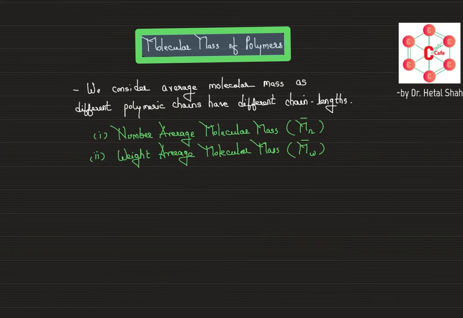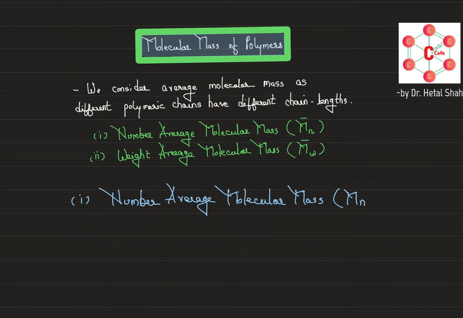Let us start with the first one. Number average molecular mass, Mn average.